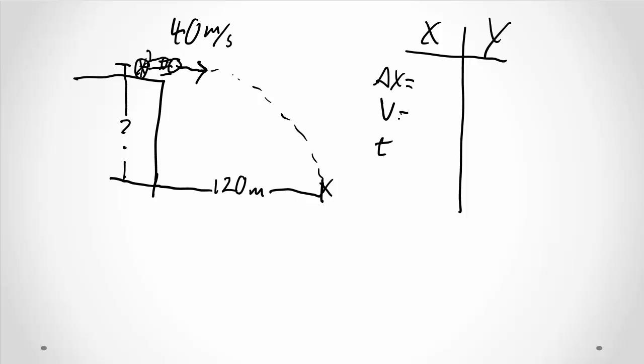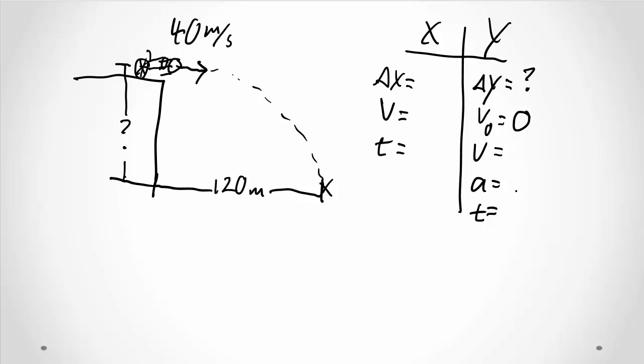You've got delta x, v, and t over there, delta y, v naught, v, a, and t over here. Okay. We are assuming this is launched directly horizontally. The piece of information that gives us is that our initial vertical velocity is 0. This here is what we're trying to find.